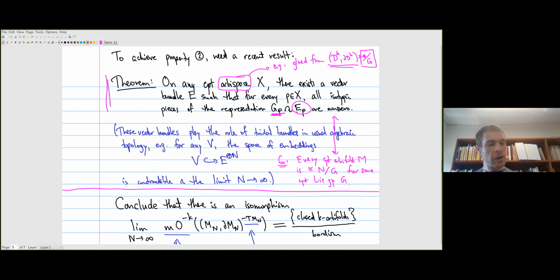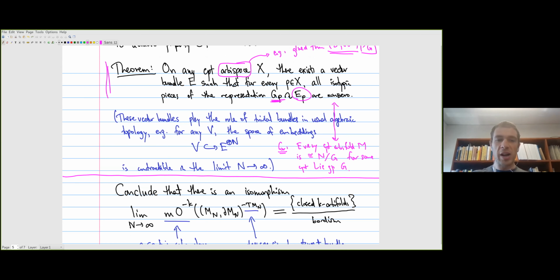When you're going from homotopy to geometry, the key step is transversality. You have to take a section and make it transverse to zero. To go from geometry to homotopy, the key step is embedding. You have to take your orbifold and embed it into something. And that's what we needed here.